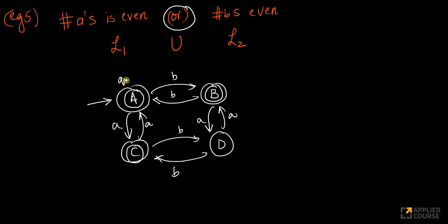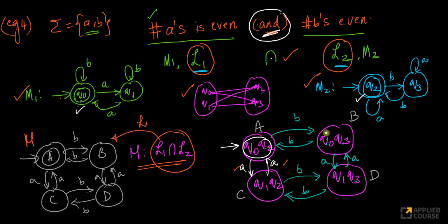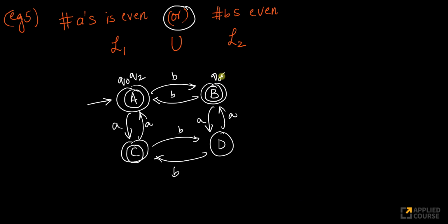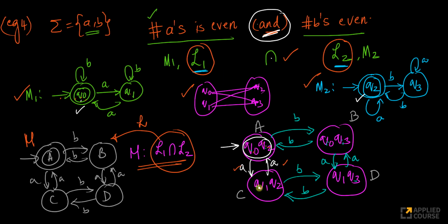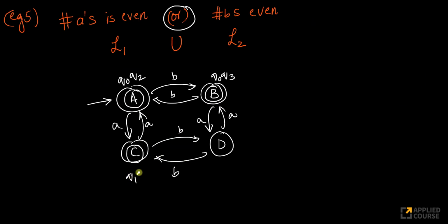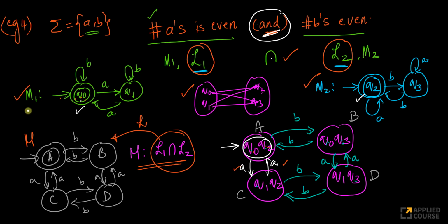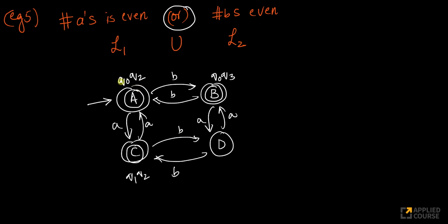Because this is nothing but Q0, Q2, right? And this is Q0, Q3, right? And this is Q1, Q2. Because my final states in the original machines are Q0 and Q2. Because I'm constructing a logical OR, if it contains Q0 or Q2, I'll make it a final state.